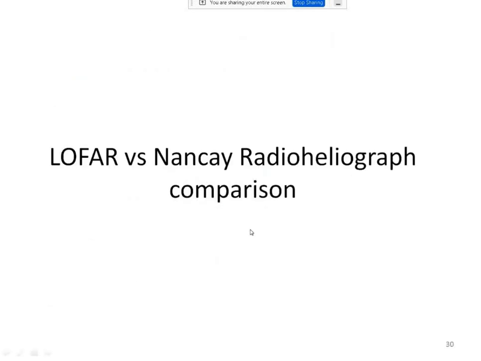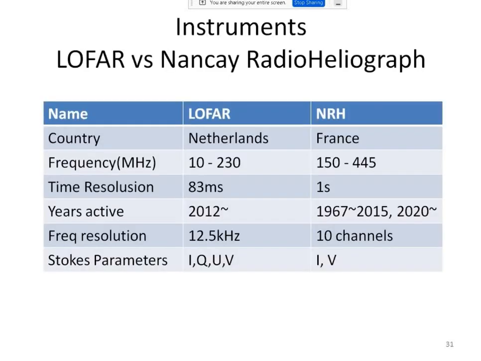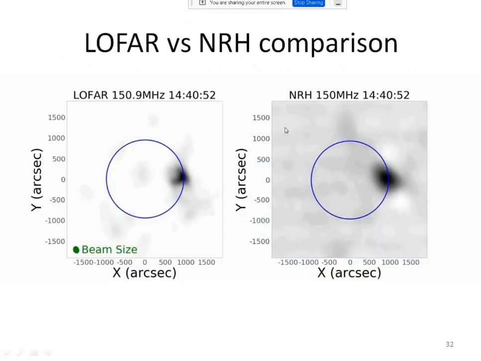So we actually made a more detailed comparison of LOFAR and NRH. As I showed you, this comparison of LOFAR and NRH, we actually made another spatial resolution comparison. First, as you can see, on the left side is the LOFAR image, on the right side is the NRH image at the same frequency, 150.9 megahertz, and at the same time.